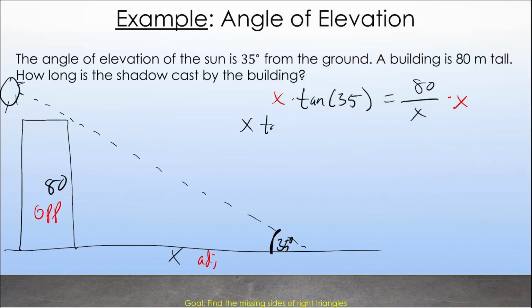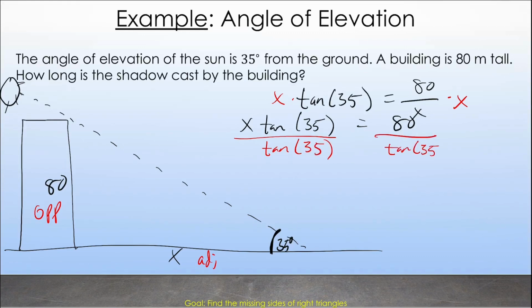So I get x tangent 35 equals 80. Then we're going to divide by the tangent of 35.